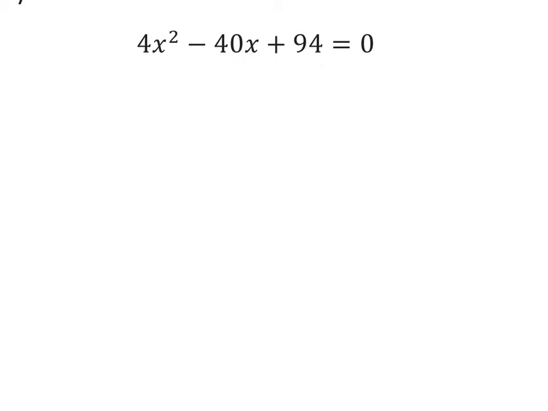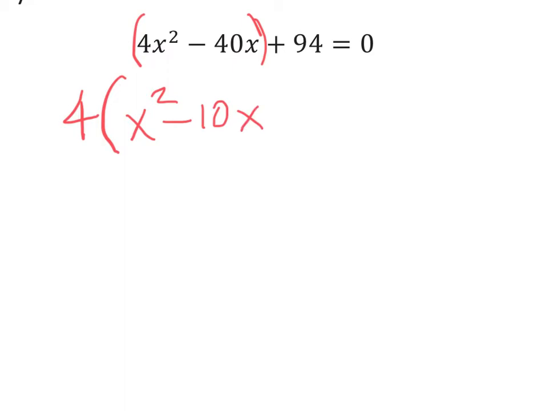We want to solve this equation by completing the square. What we can do first is to group these two together. Group those two together and remove the 4 from the x squared. If I do that, I'm left with x squared, but I now have minus 40x divided by 4, which is 10x.